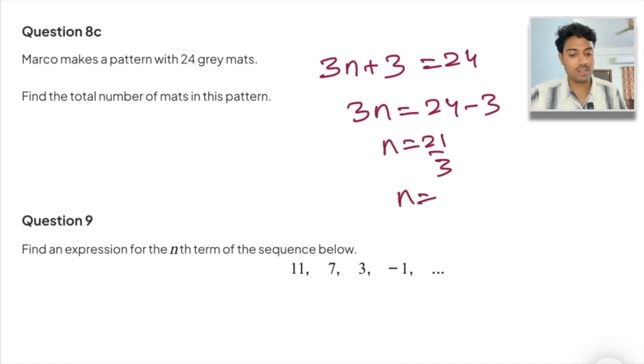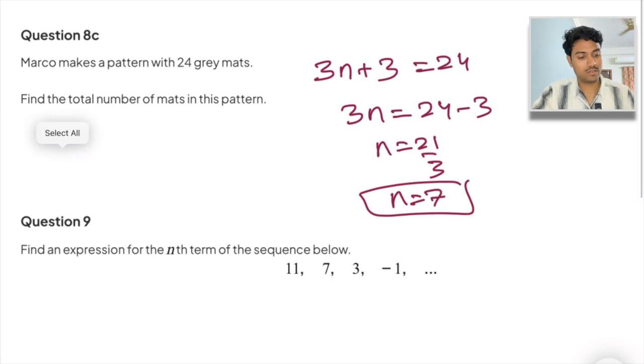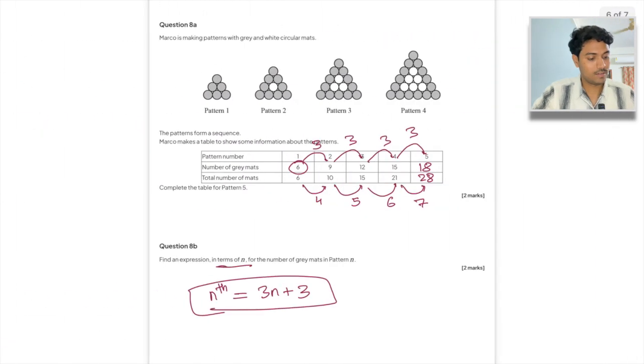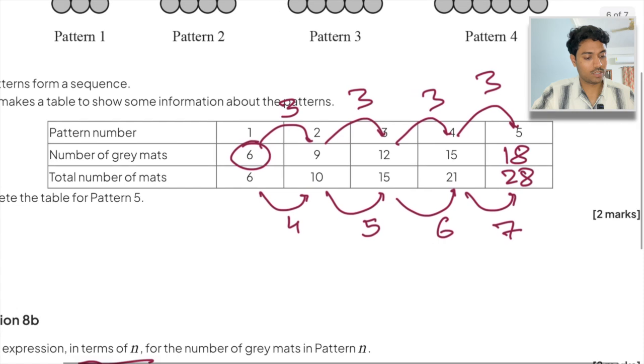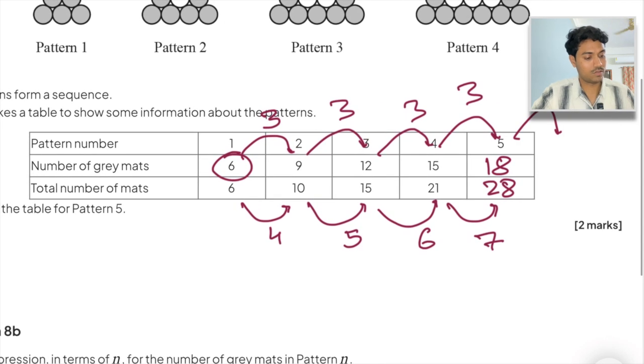So we have to find the total number of mats for the 7th pattern. We can just check here. We have till the 5th one. So the 6th is going to be again 3 more, so this is 21. Then this is the 6th.